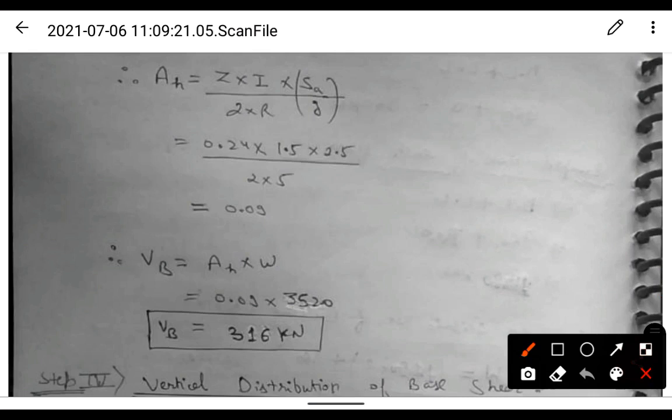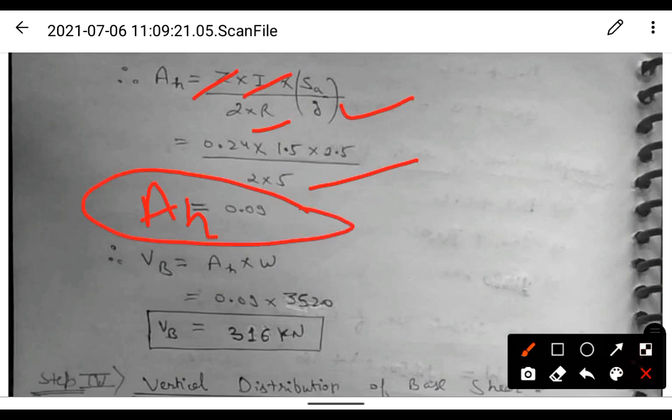After obtaining all the values of Z, I, Sa by g, R, we are going to put all these in this formula, and the final value for Ah would be 0.09.